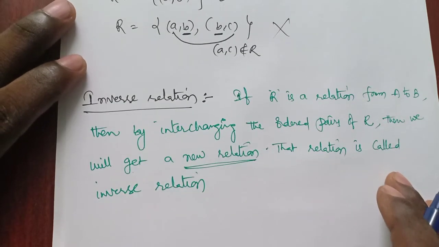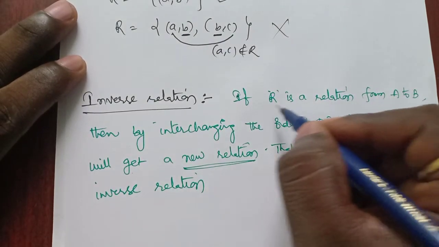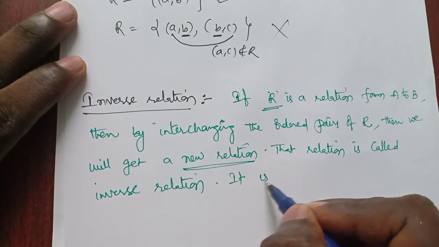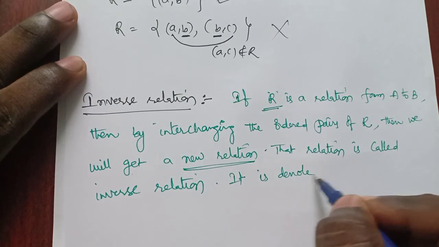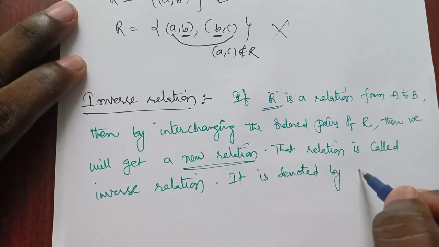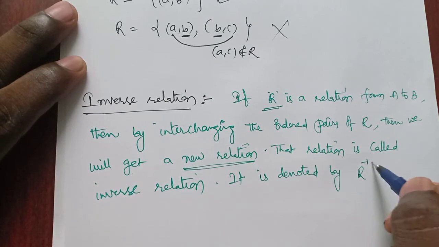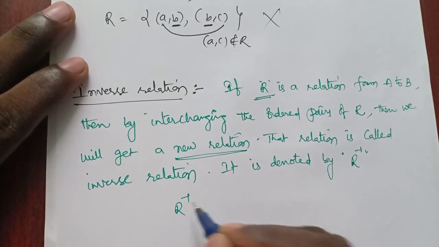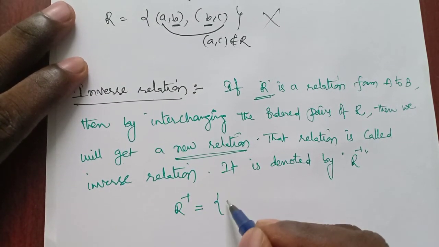Clearly, if R is a relation, the inverse relation is denoted by R inverse. So R inverse equals what?